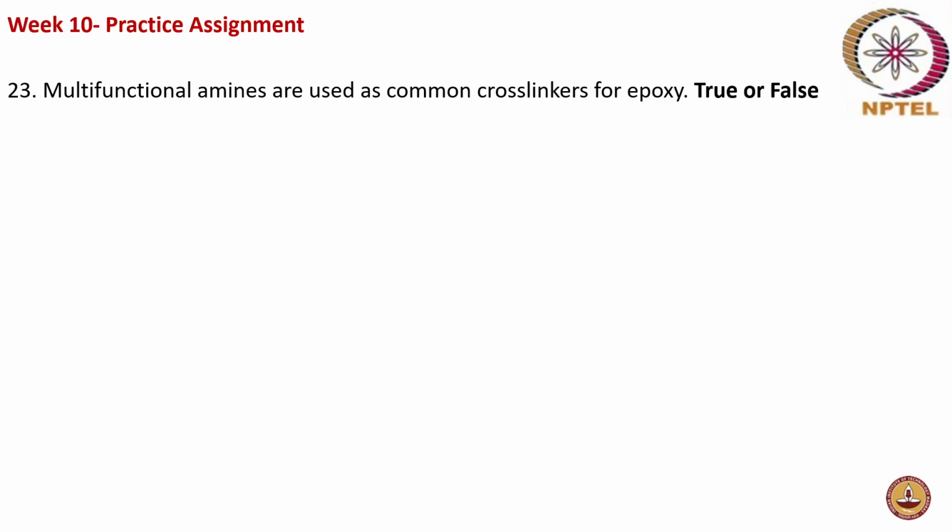Lecture 76 was on cross-linkers, where different cross-linkers for different types of polymers were discussed in the beginning of the lecture, for step growth polymerization and chain growth polymerization. So the question is from that. Multifunctional amines are used as common cross-linkers for epoxy. Is it true or is it false?